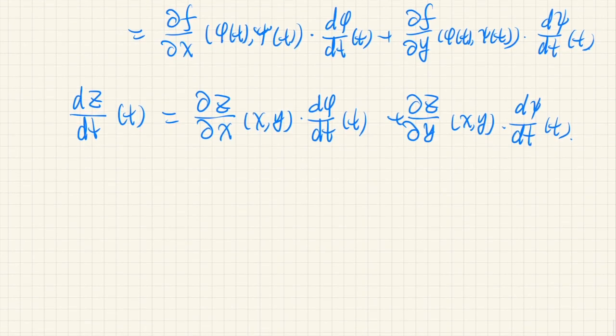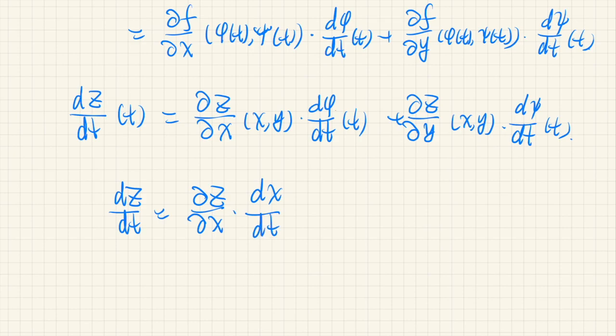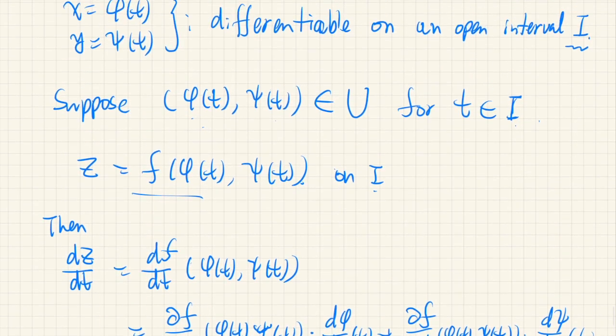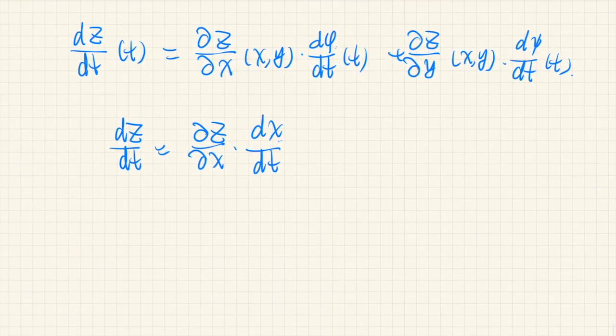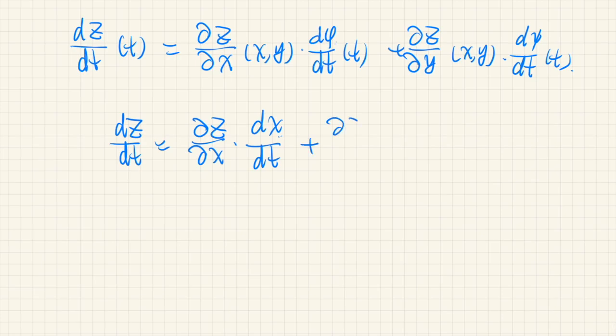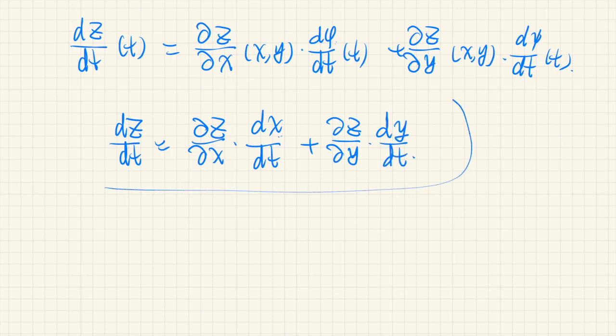Or even simpler, we may write dz dt is dz dx dx dt, where x is equal to phi of t and y is equal to psi of t, plus dz dy dy dt. So maybe it's easier to memorize this way.